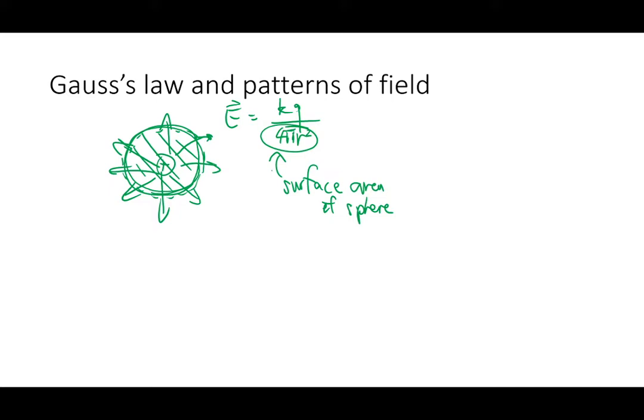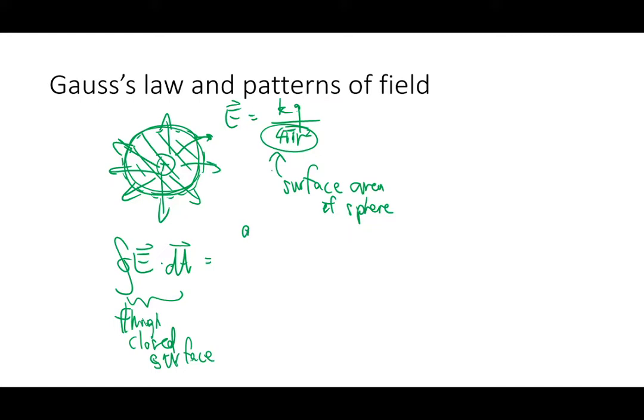So that's how we came up with Gauss's law, which relates what happens at the surface, the amount of line that goes through a closed surface, with some statement about whatever happens inside the volume enclosed.